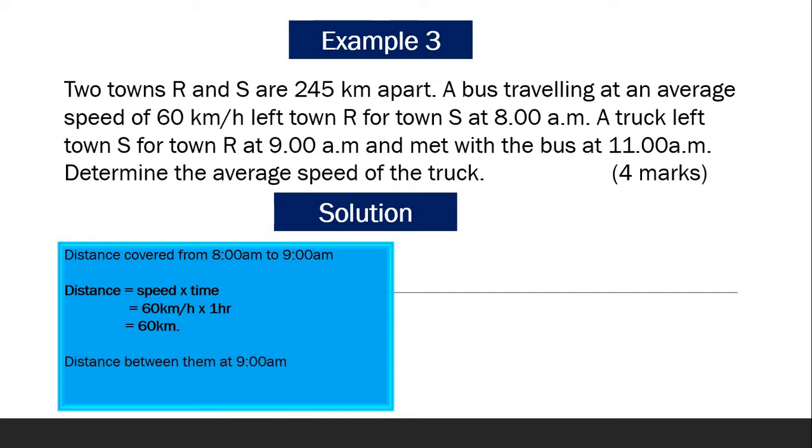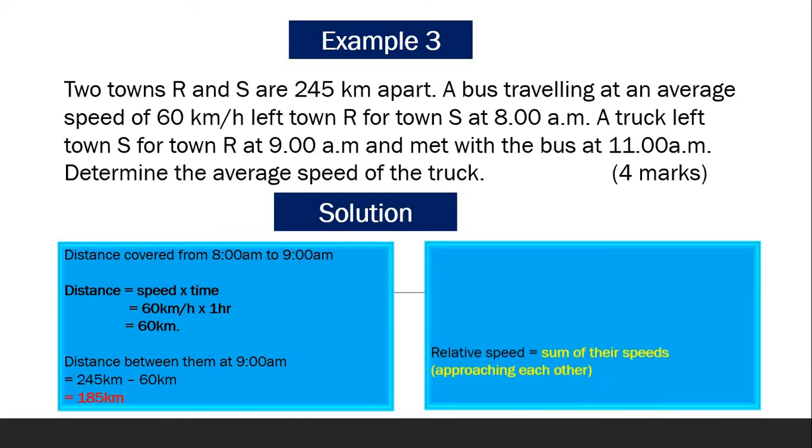So the distance between them at 9 a.m., so that you can apply the relative speed, is 245 kilometers minus 60 kilometers. That gives us 185 kilometers. That is the distance between them exactly at 9 a.m.